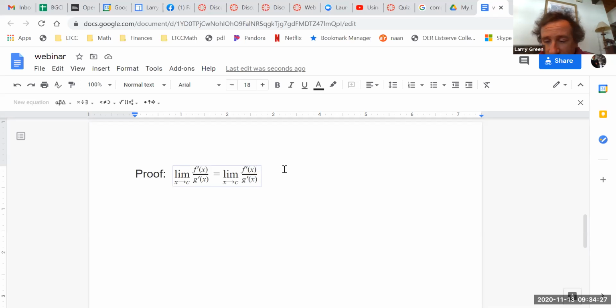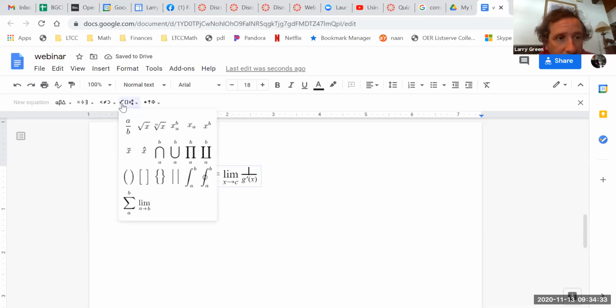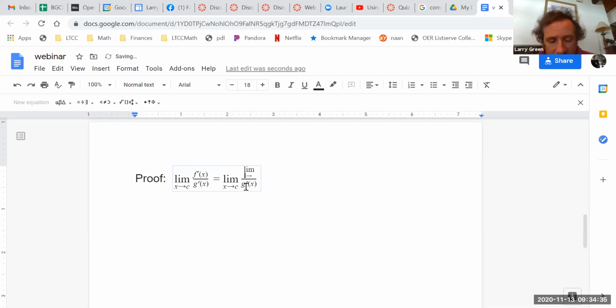So f prime of x is the limit as... we're looking at f prime of x near c. And how does f prime of x work? Well, we can go, for example, y approaches x.